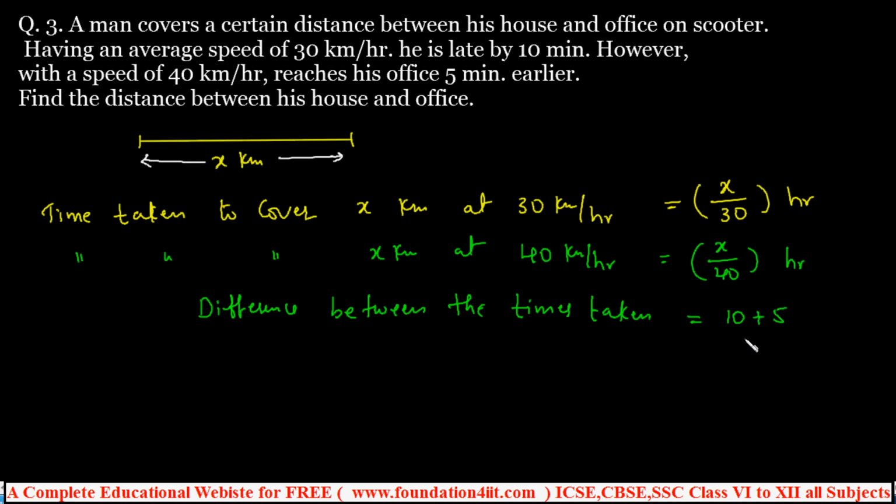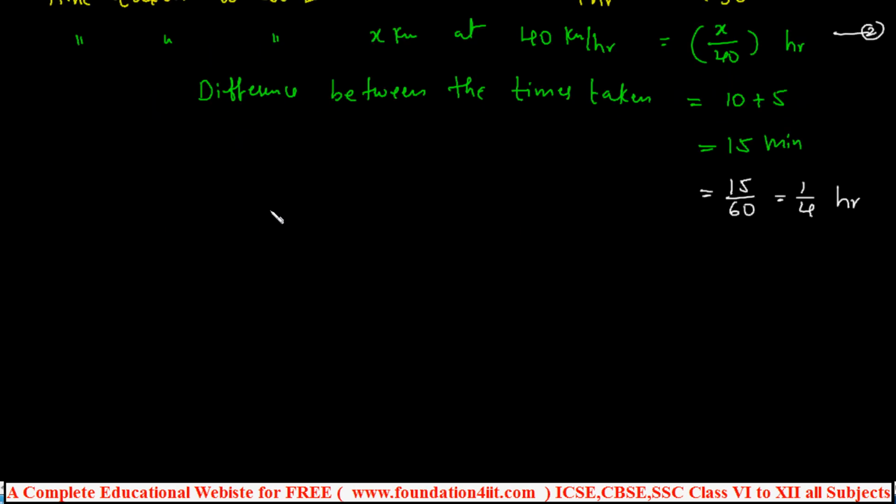So completely 15 minutes gap between them. If you convert 15 minutes into hours, 15 by 60, so 1 by 4 hours is the gap. Now this is equation 1 and 2. If you subtract, first minus second is equal to 1 by 4 hours only, because of the time.